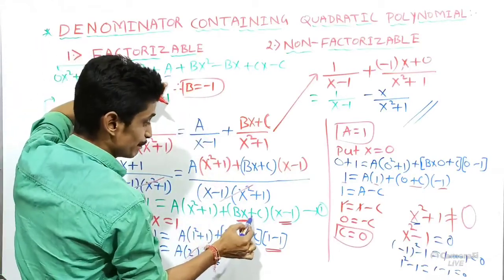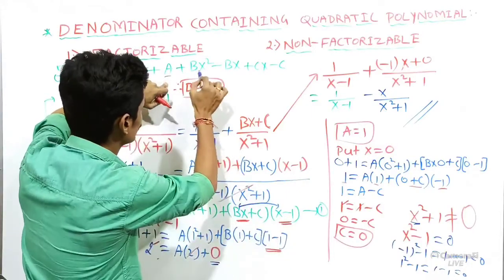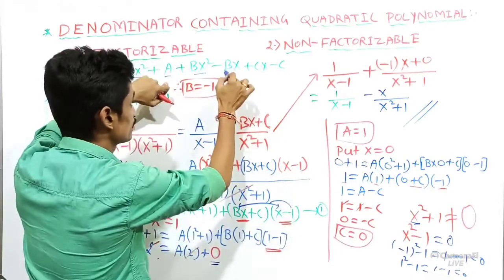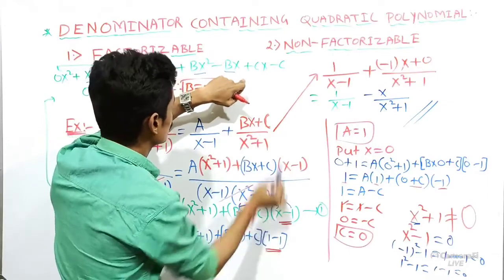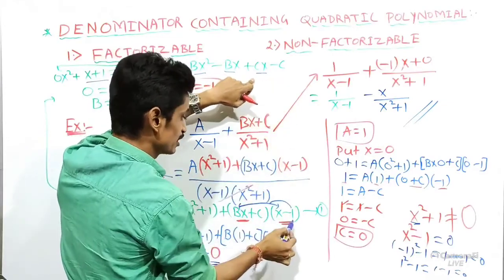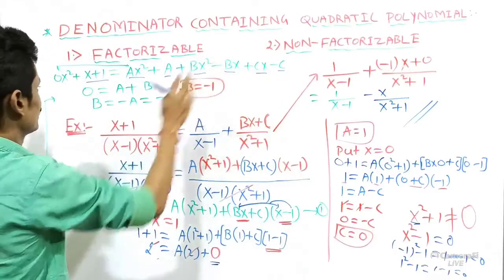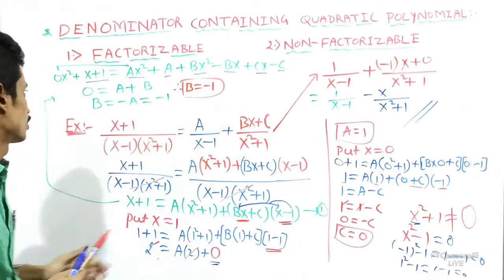Now this side binomial into binomial, term by term: bx into x is bx square, bx into minus 1 is minus bx, and c into x is cx, plus c into minus 1 is minus c. Completely, LHS one polynomial, RHS one polynomial I got.